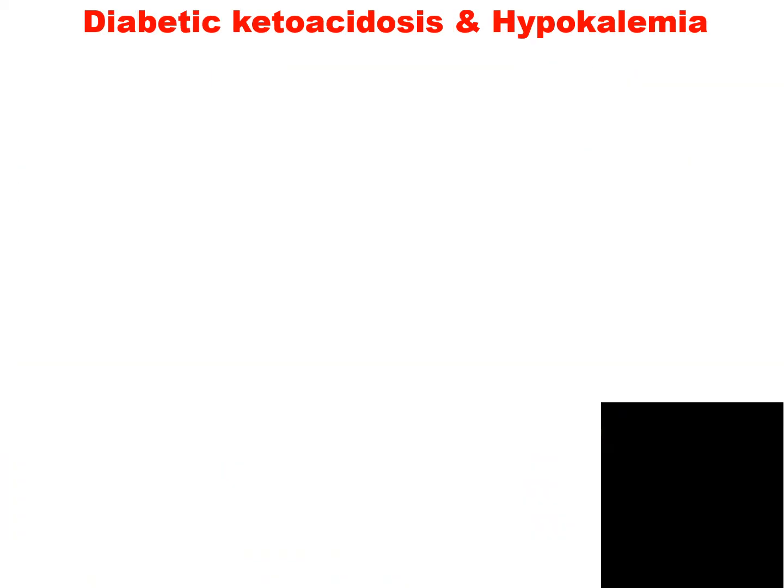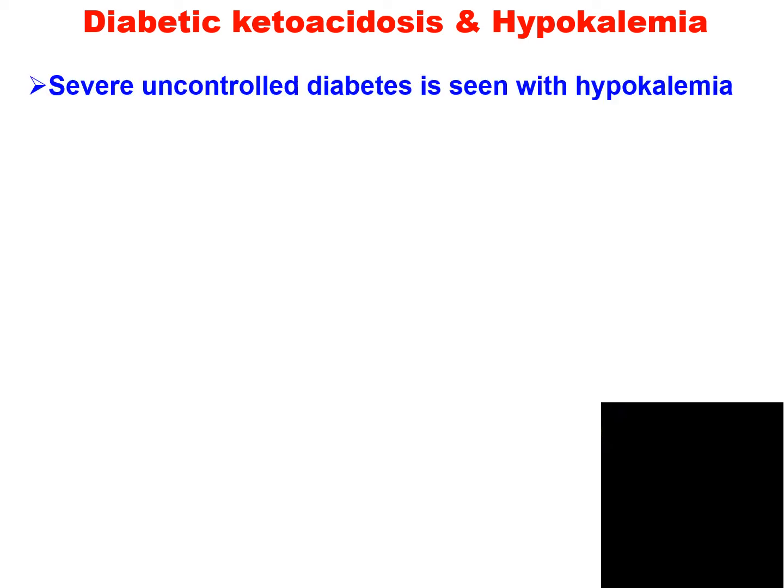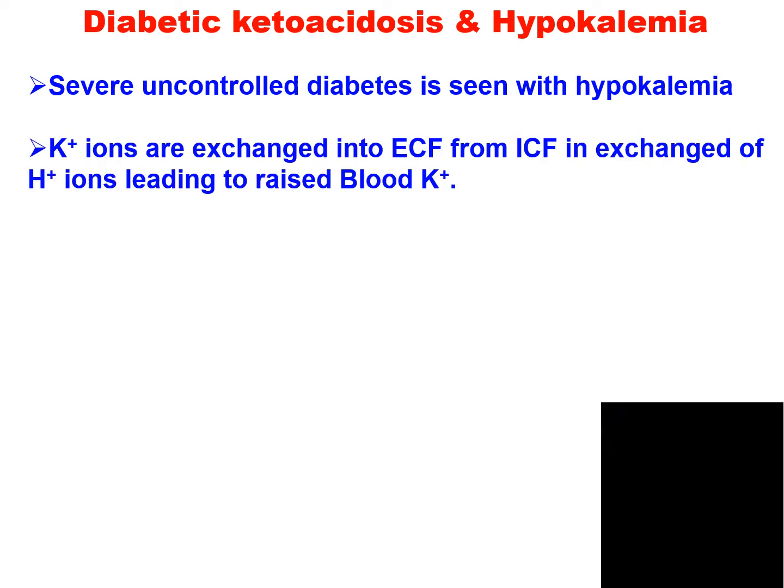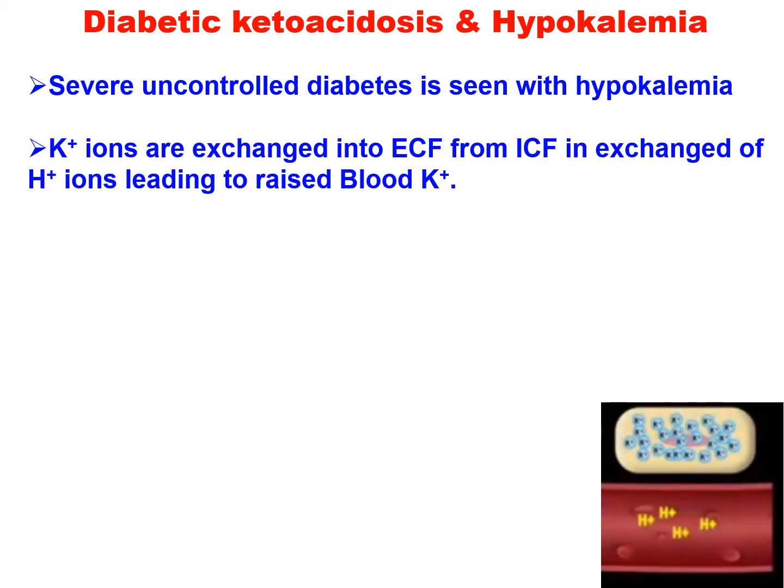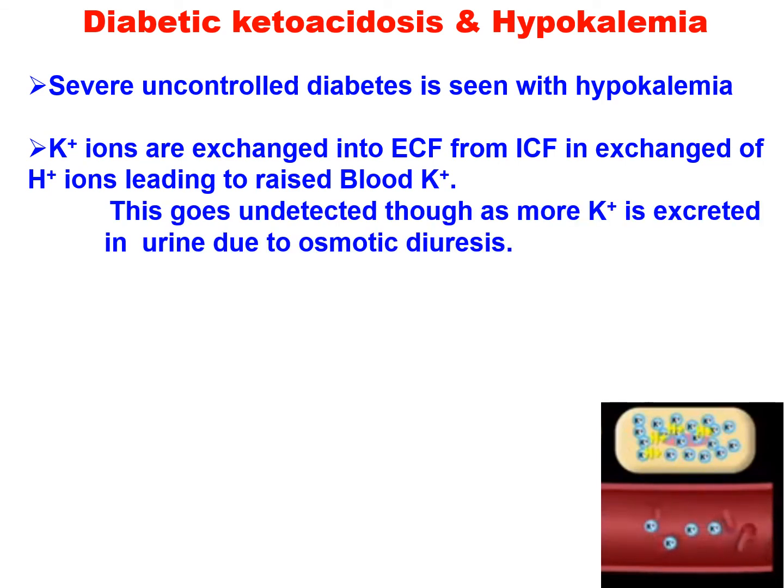Diabetic ketoacidosis is also linked to hypokalemia. In case of severe uncontrolled diabetes, initially there is movement of potassium ions into blood in exchange for hydrogen ions. This leads to an increase in potassium concentration in blood, but it goes unnoticed as potassium ions are excreted in urine due to osmotic diuresis.